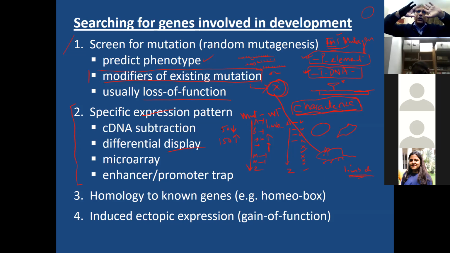Now it does not mean your mutation is impacting these genes directly, but you are in a position where you can deduce that my gene of interest, out of all these total 15,000 or 20,000 genes, when it is mutant, is impacting these pathways.